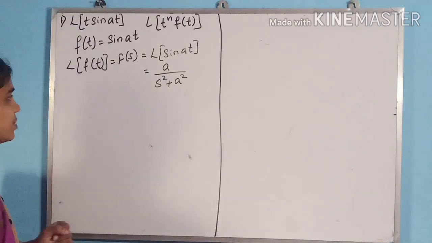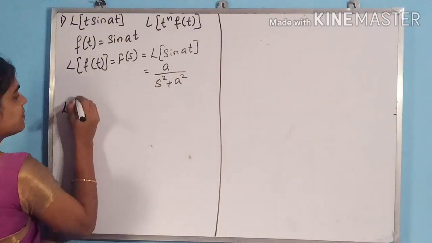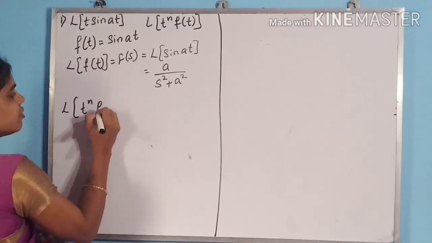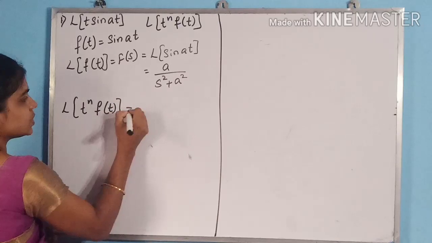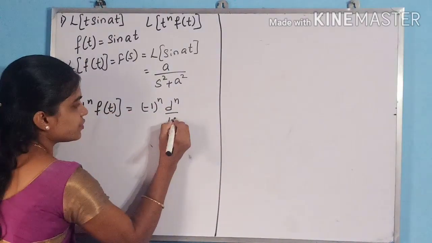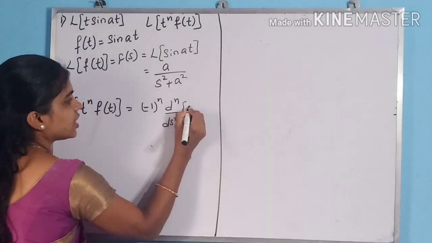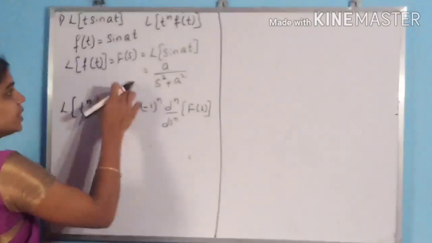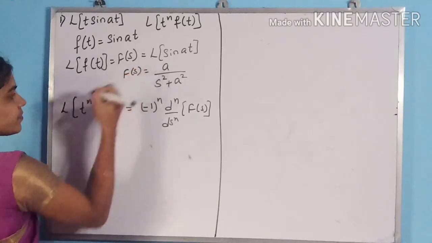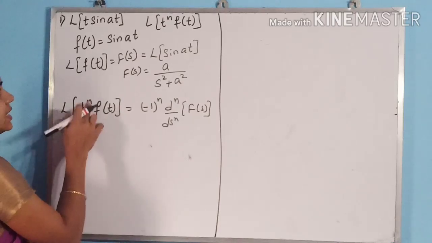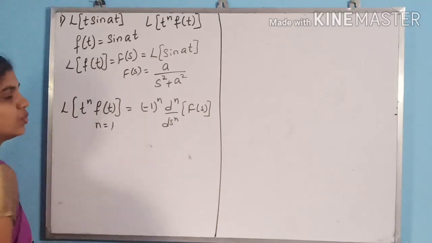And according to the formula, the Laplace transform of t^n f(t) is equal to (-1)^n times the nth derivative of F(s). We know what F(s) is, and n here is equal to 1.